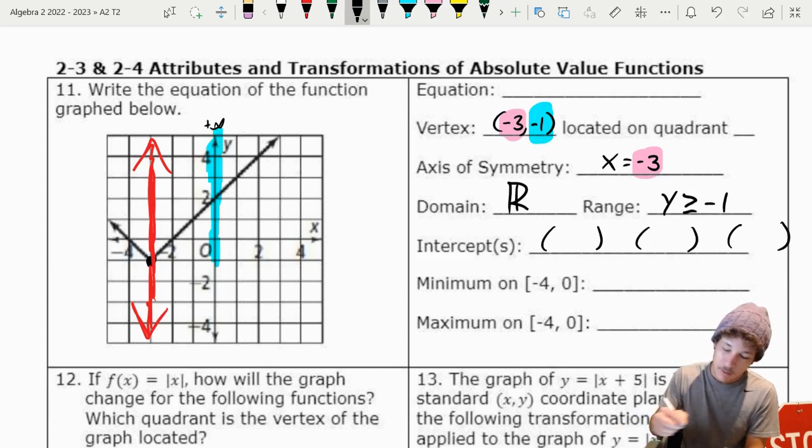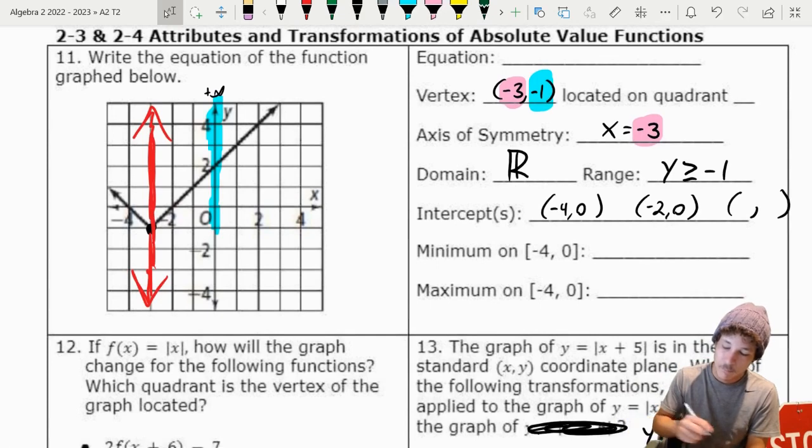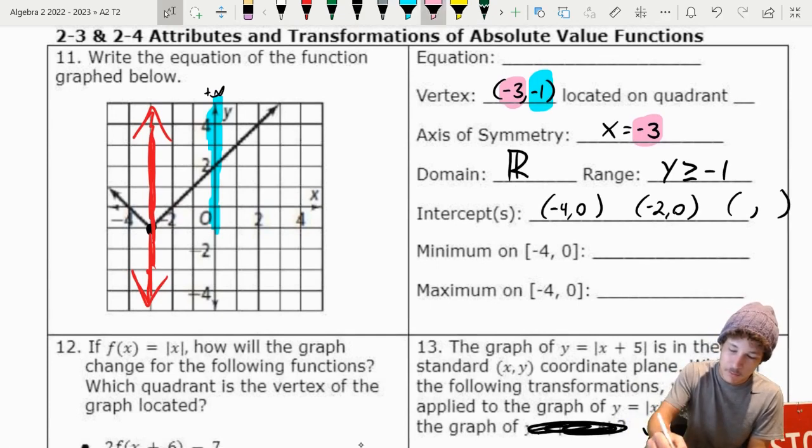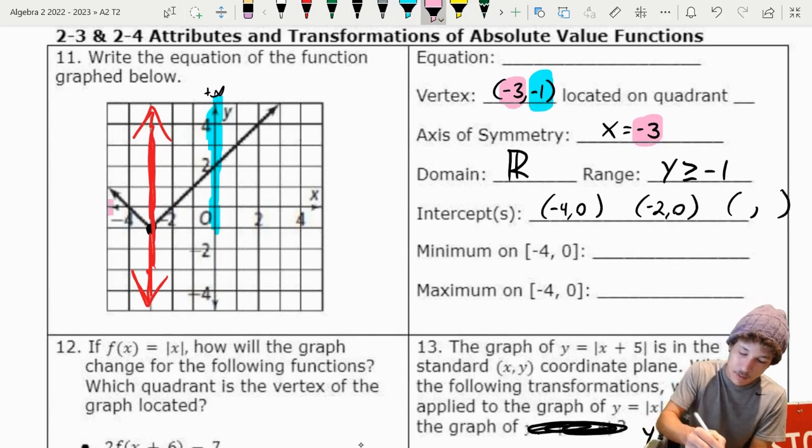Let's see. The first x-intercept is -4, 0. Next one is -2, 0. And then we have the y-intercept, which I'm going to leave for y'all. You can do that on your own. The minimum on -4, 0, so that's in between -4 and 0 on the x-axis.